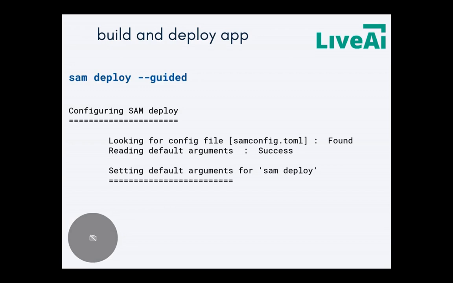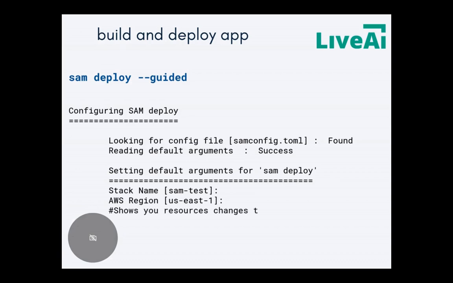Then it will also ask you for a bunch of confirmations, like confirm changes before deploy. Before deploy, do you want to check through whatever it has done? You can say yes. This is very important: SAM needs permission to be able to create roles to connect to the resources in your template.